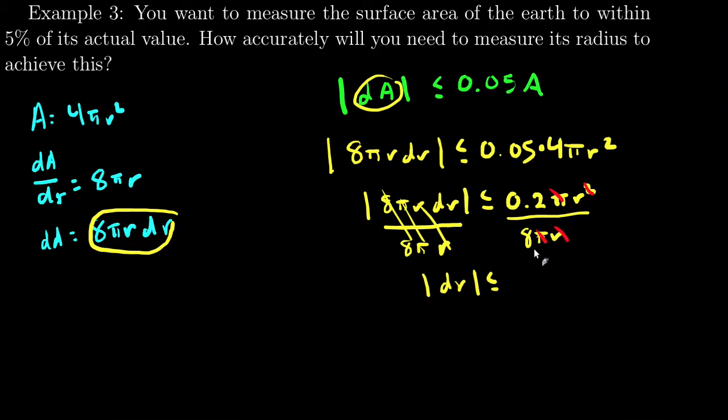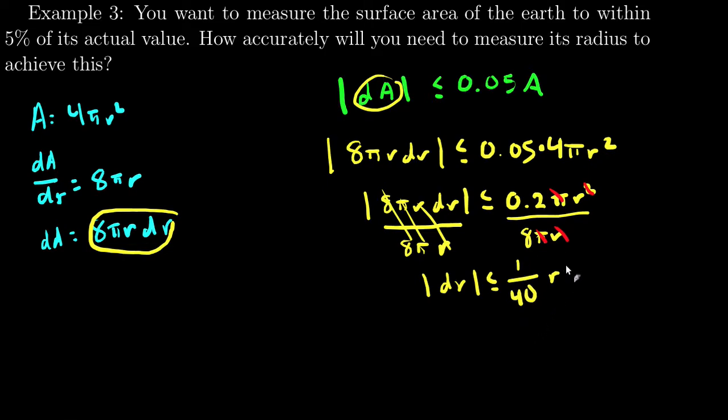One of the r's cancels. And I have 0.2 over 8. Now, 0.2 over 8 is the same as 0.1 over 4, which is going to be 1 over 40 r.